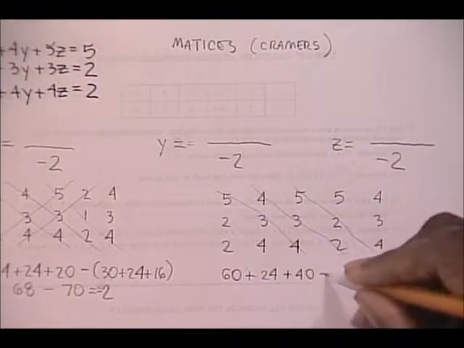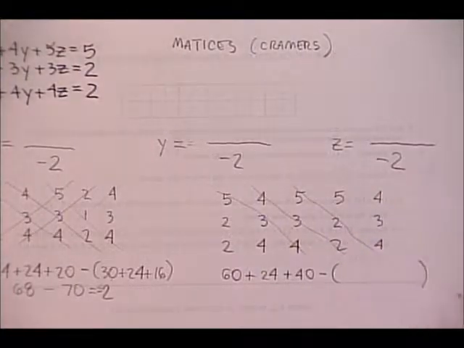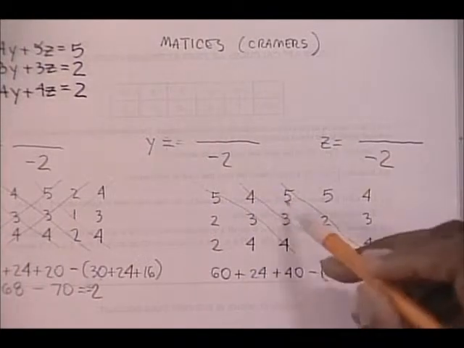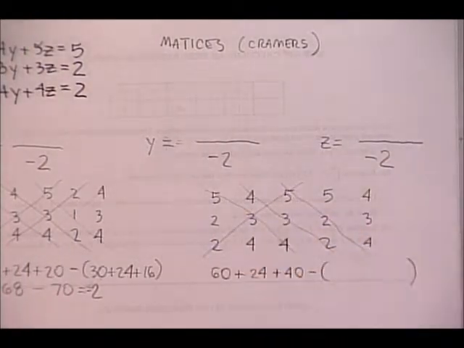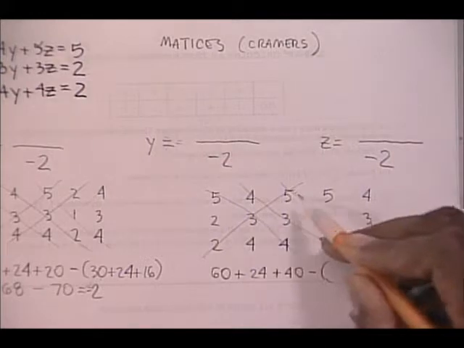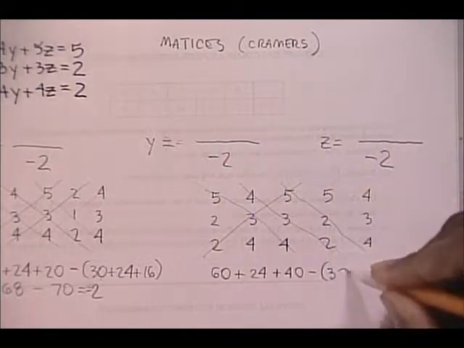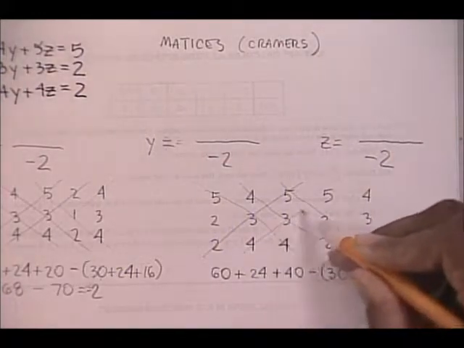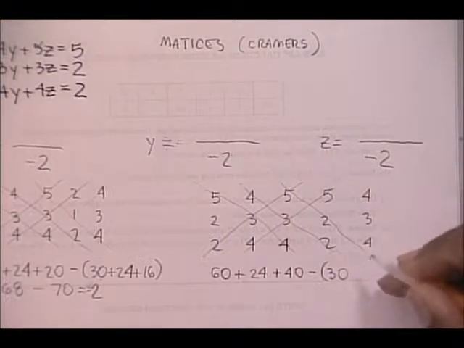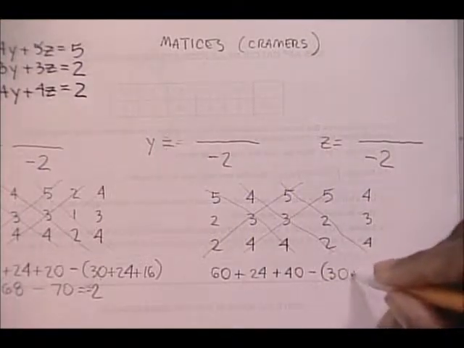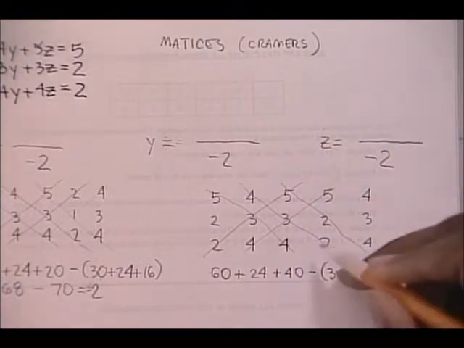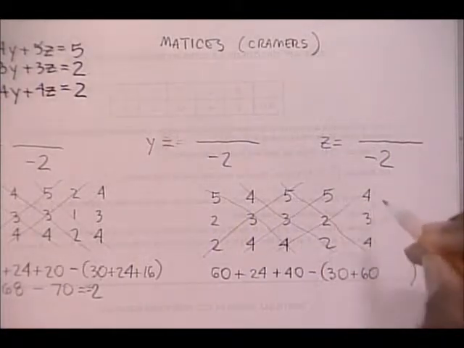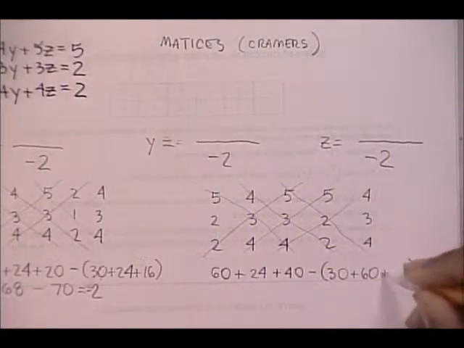Now we're going to subtract a bunch of other products. So we get 2 times 3 is 6, times 5, which is 30. 4 times 3 is 12, times 5 is 60. And 4 times 2 is 8, times 4 is 32.